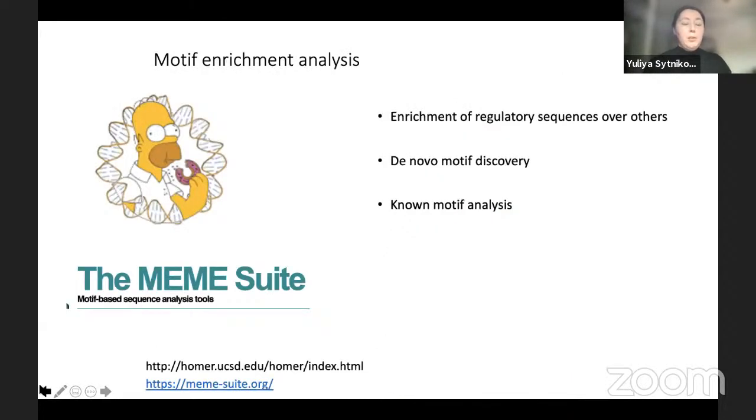So overall, from open regions discovered by ATAC-seq and other chromatin profiling methods, you could infer enrichment of motifs of transcription factors.